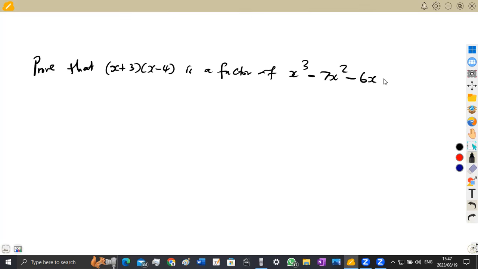So if you are given this, here we can simply use the factor concept.